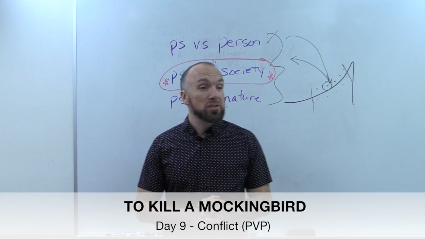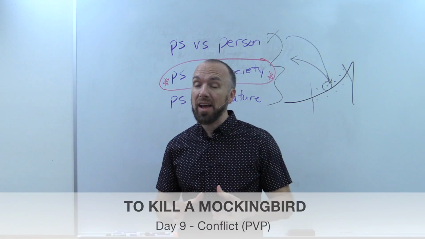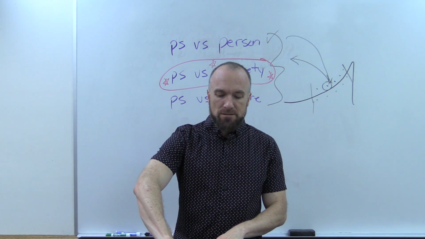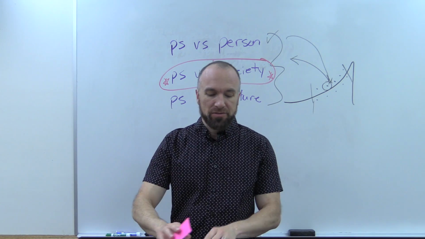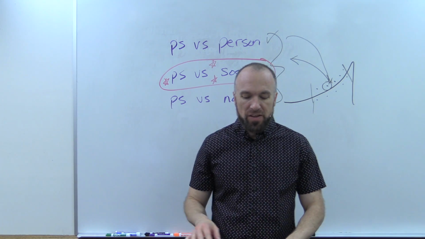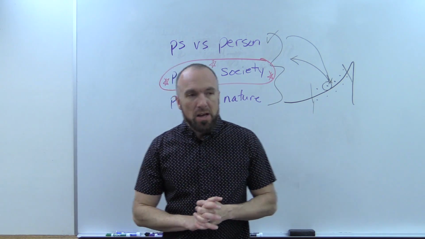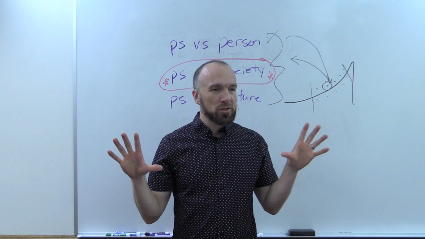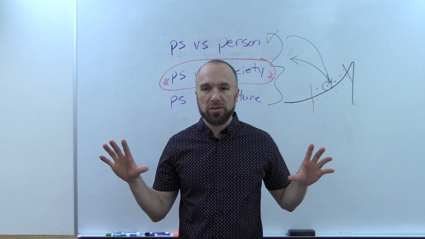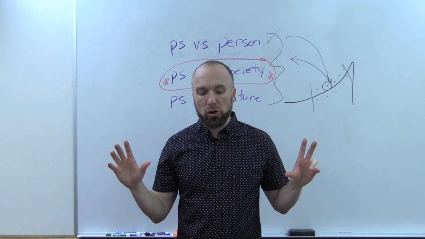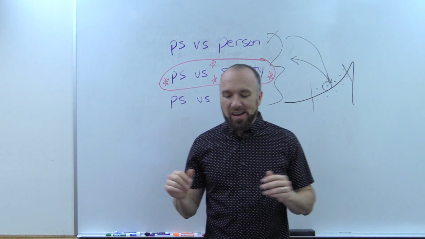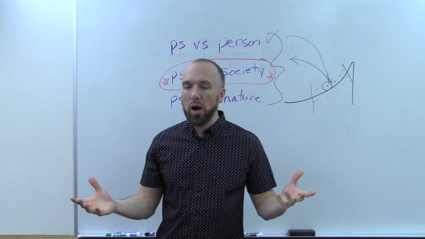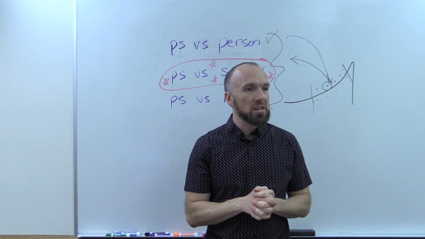Today's activity has to do with you finding and identifying types of person versus person conflict in the section that you just read. Think about characters in the story who are in opposition or conflict with other characters in the story. That's what you're going to be looking for today. So I want to just give you an example of one that you can even use on your activity sheet if you'd like.